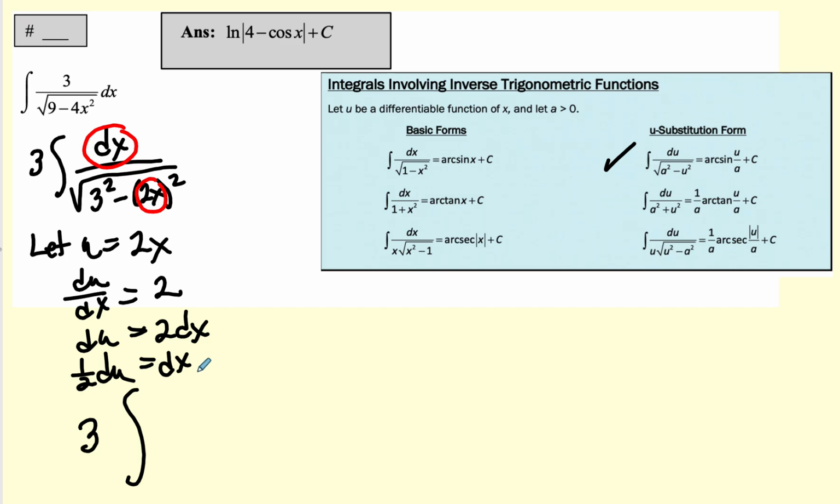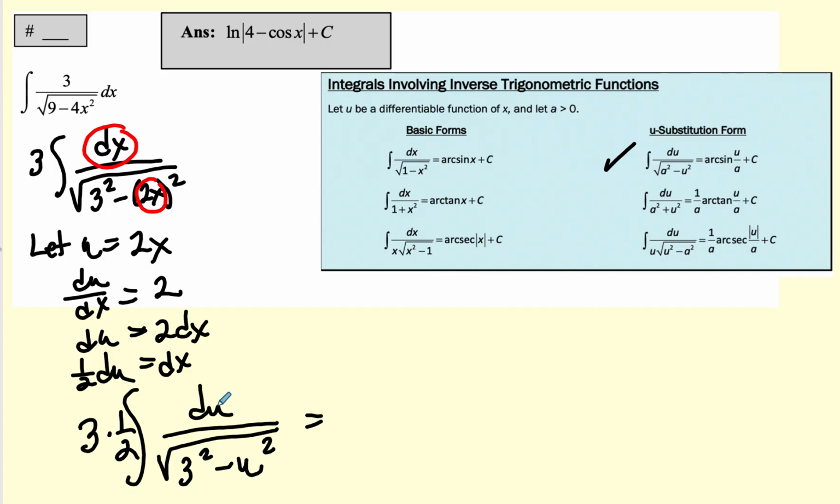and my dx is going to be replaced with 1/2 du. I'm going to bring the 1/2 out here, and I'll write the du up here, and then this will be root 3 squared minus u squared. So now it looks a lot like this. A du up here, a squared minus u squared.